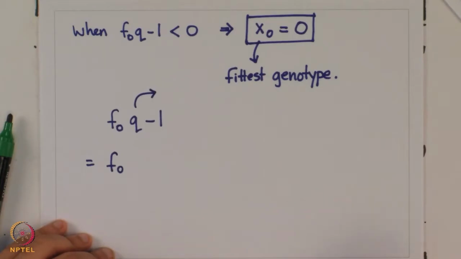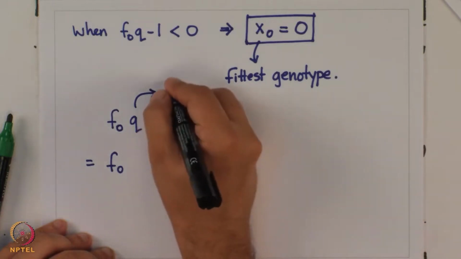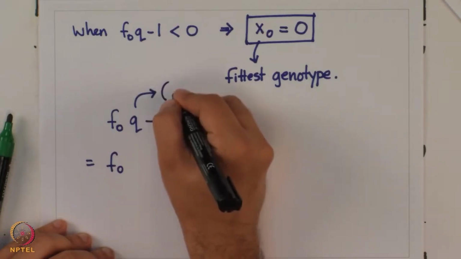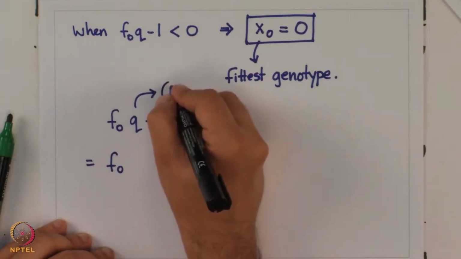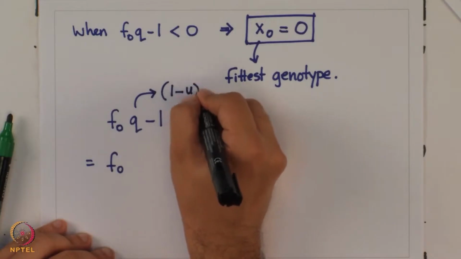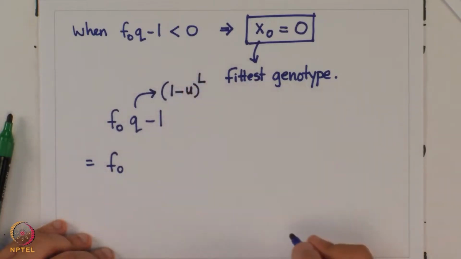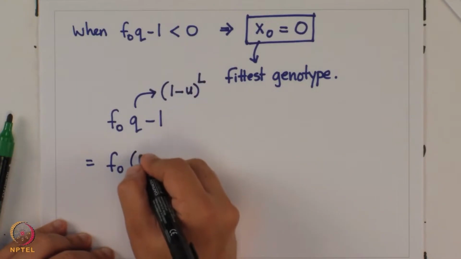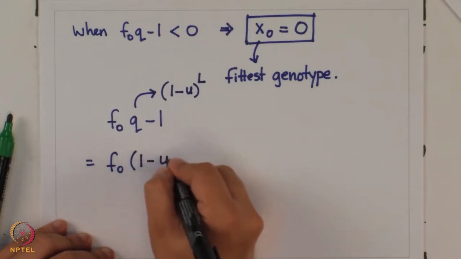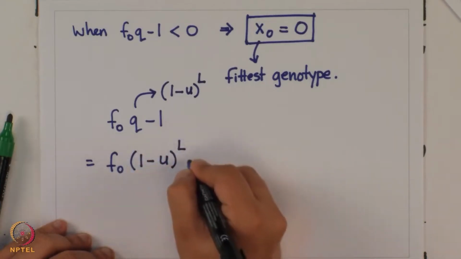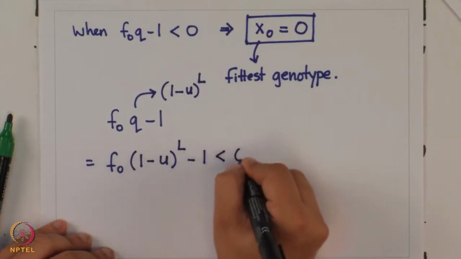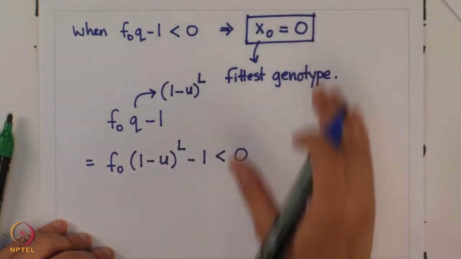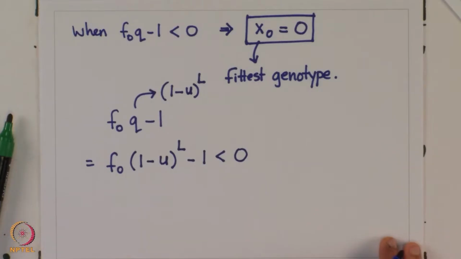Q is the probability that when replication of an individual's DNA occurs, the progeny has the identical DNA, and if u is the probability of making an error at a single nucleotide, the value of q is 1 minus u to the power L. So this relationship tells us that f naught into 1 minus u to the power L minus 1 should be less than 0 for this result of the dynamics of the system.